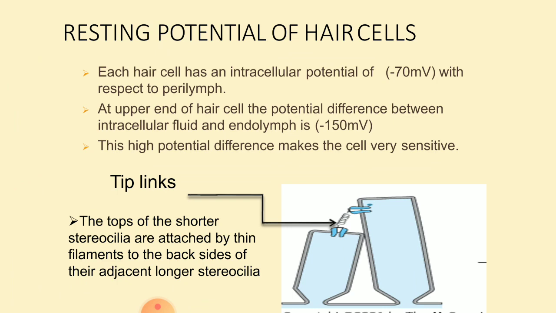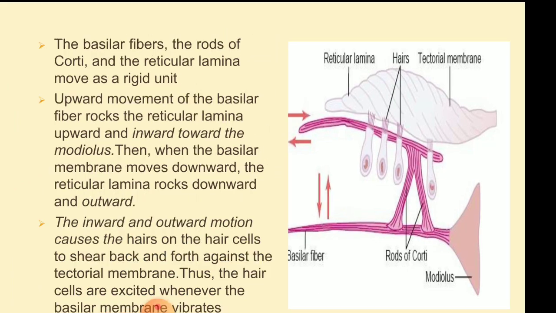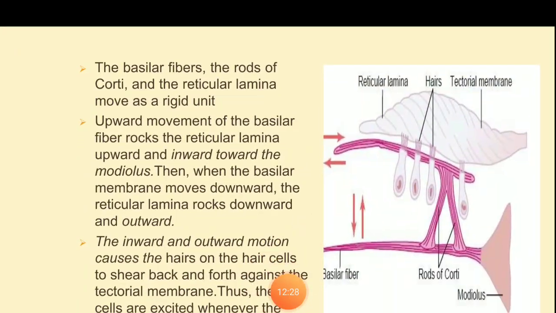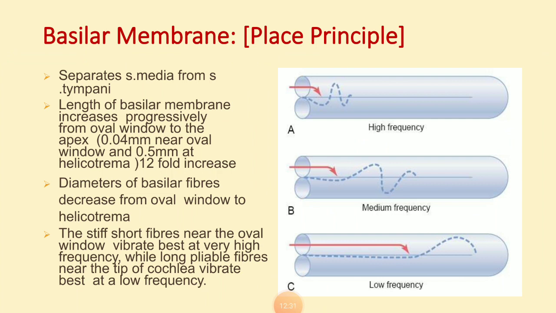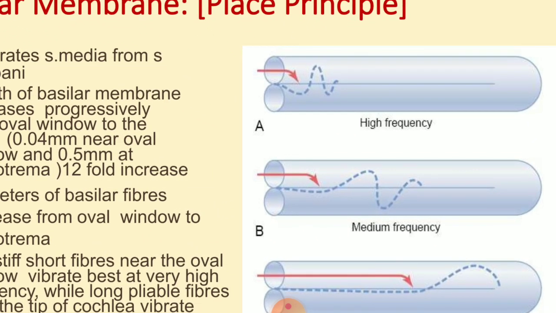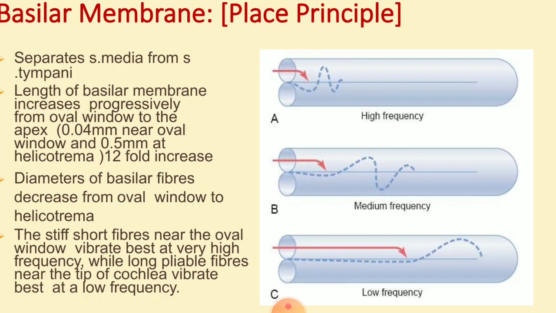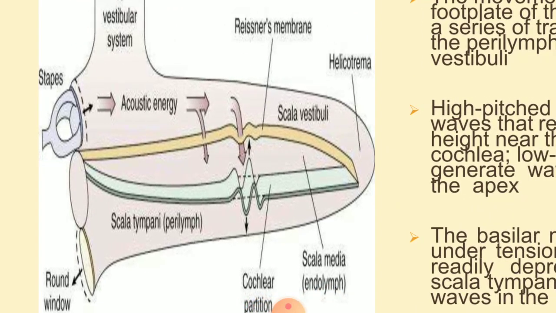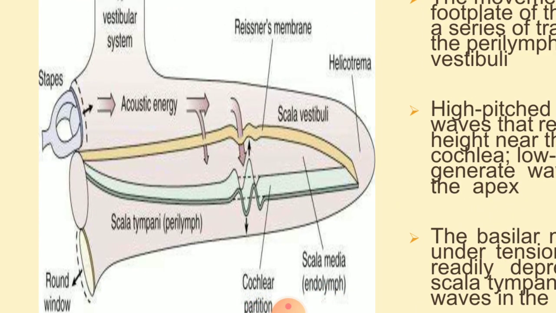Now after discussing the structure of the organ of Corti, let's have an idea what actually happens whenever specific sound waves come. If we take the elongated structure of the cochlea, by means of the rocking or hinge-like movement of the footplate of the stapes, the mechanical sound energy, the sound waves, enters into the fluid of the ear.